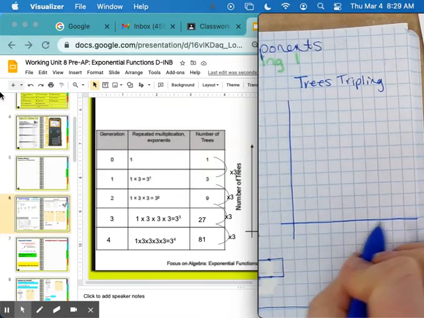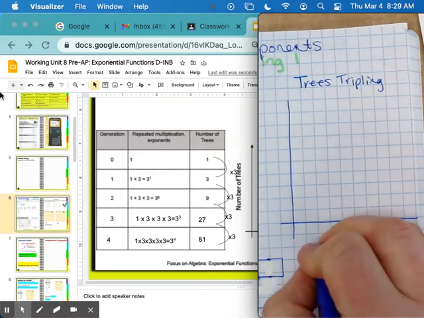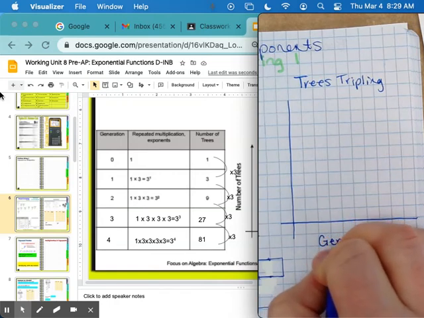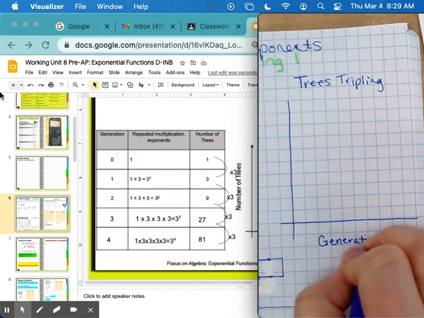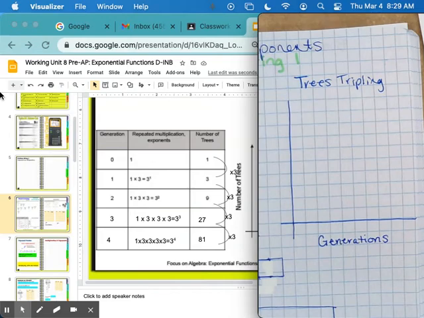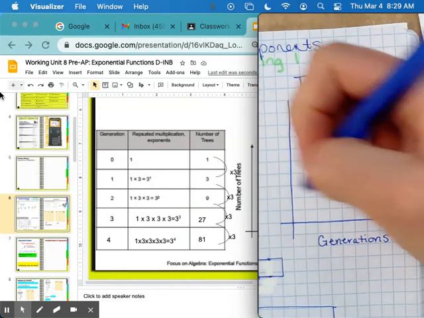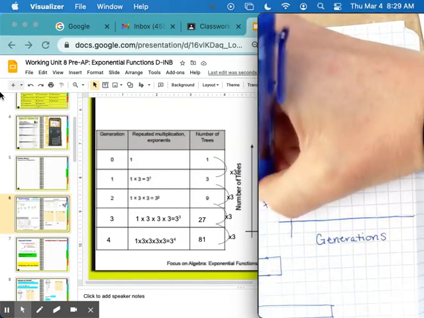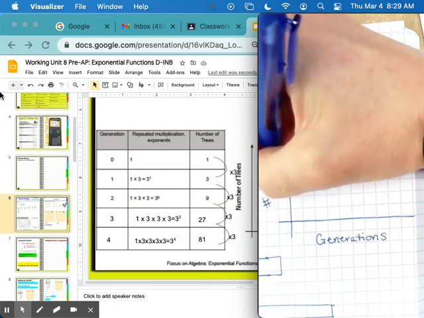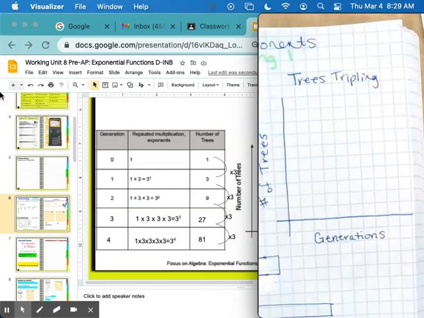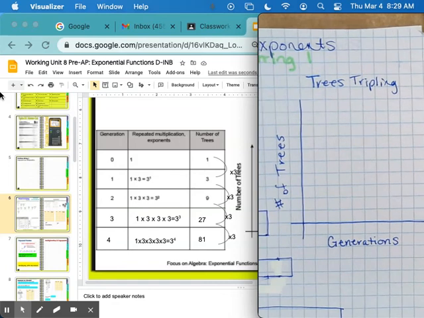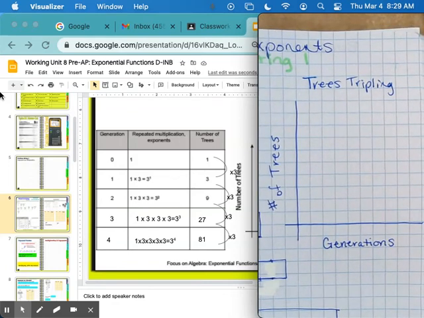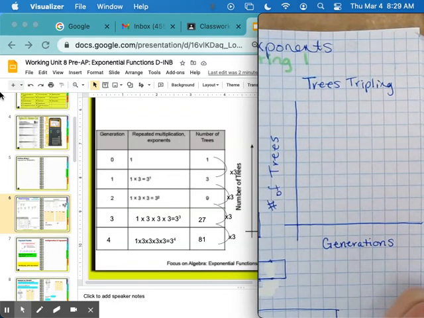So we know that the x-axis is going to represent generations. And the y-axis is going to be number of trees. So what are we starting out with?